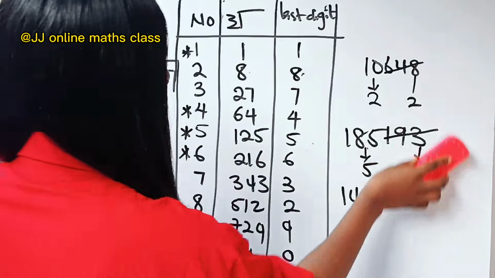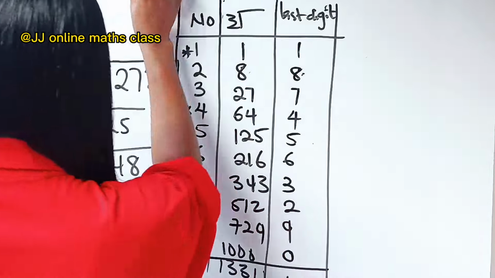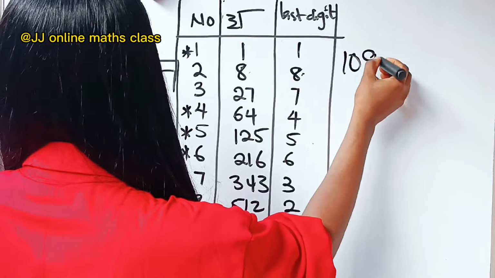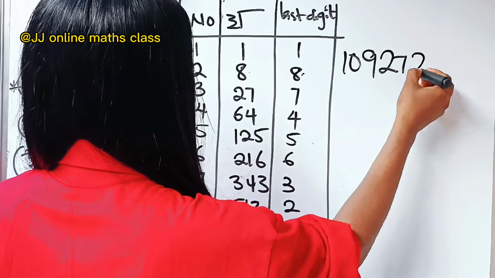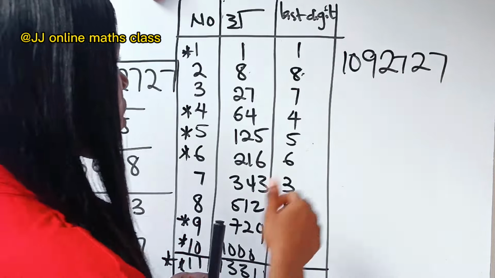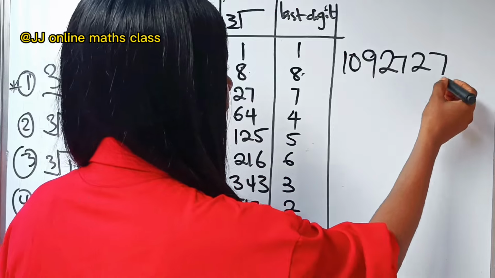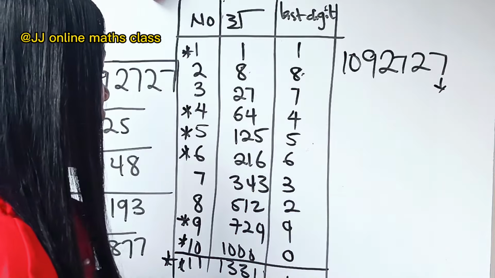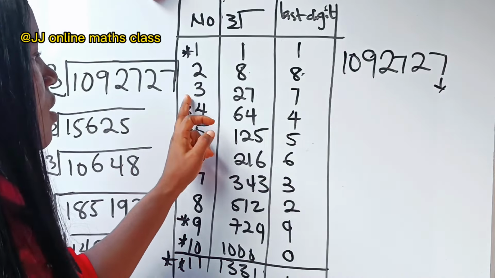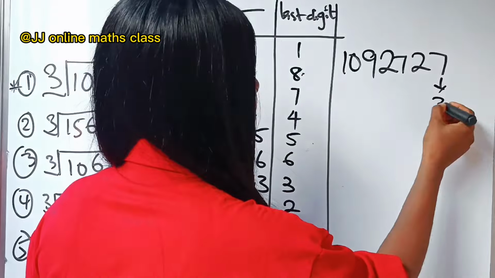Now let's solve the biggest of them all. We are asked to find the cube root of 1092727. Okay, now we have 7 as the last digit. And if we have 7 as the last digit, that means we'll be talking about 3, right? So we write 3.